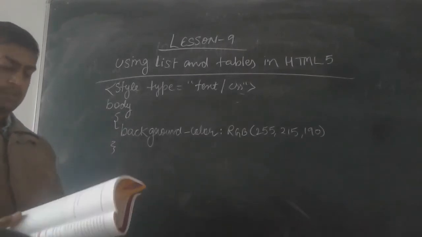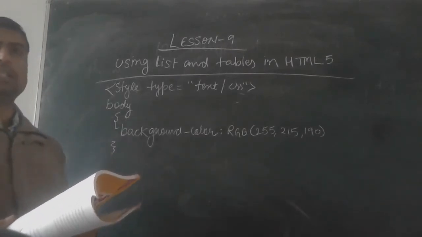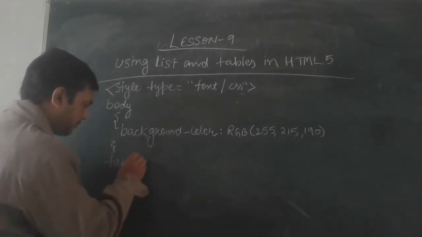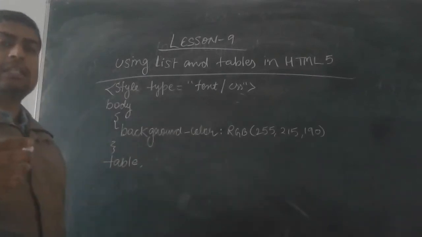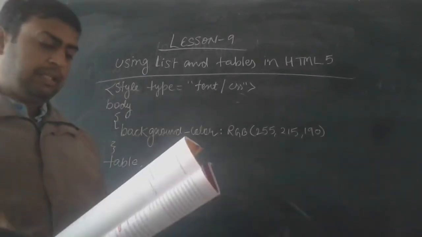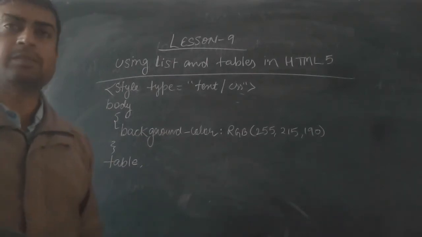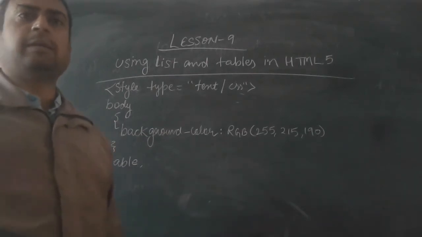Now in this case, if you want to give the same property in table, TD and TH also, you can write them together. No need to write it separately.